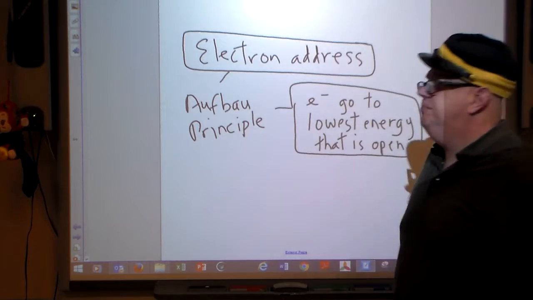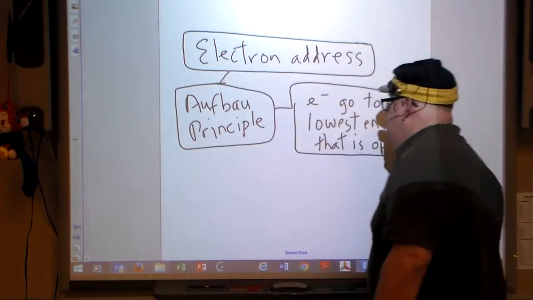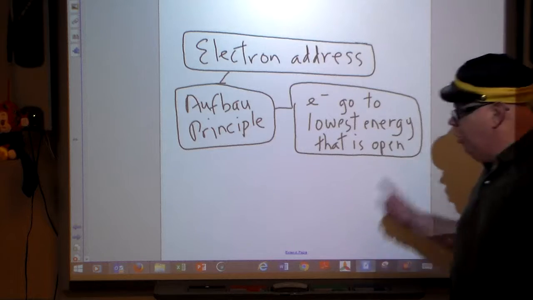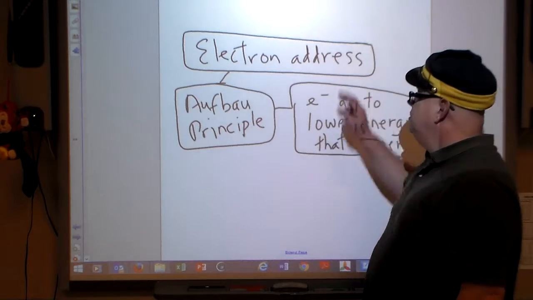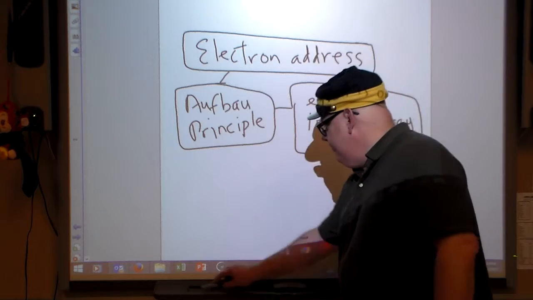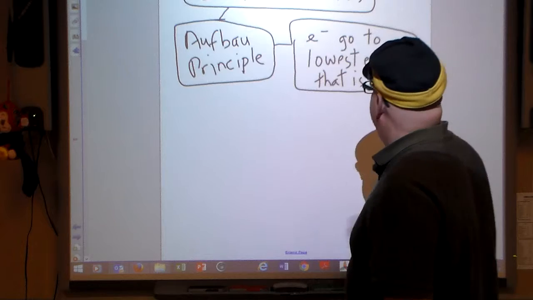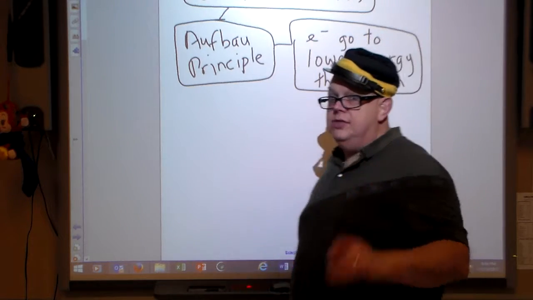That's the Aufbau Principle. Electrons go to the lowest energy that is open, that is available, the lowest energy level, guys. That's when we talk about the electron address. How are the electrons lining up?